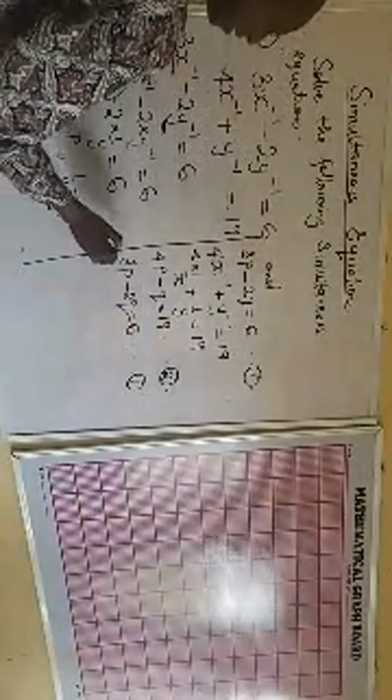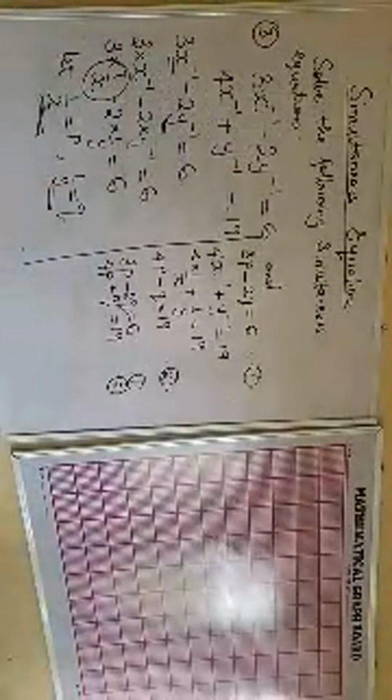So let's bring equation 1 and equation 2 together. Equation 1 says 3p minus 2q is equal to 6. Then here is 4p plus q is equal to 19, equation 2.